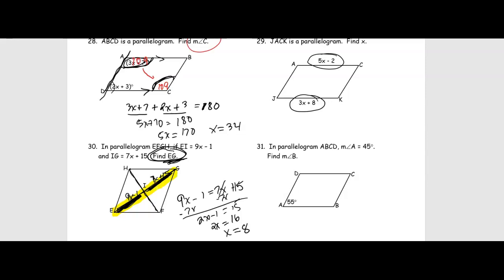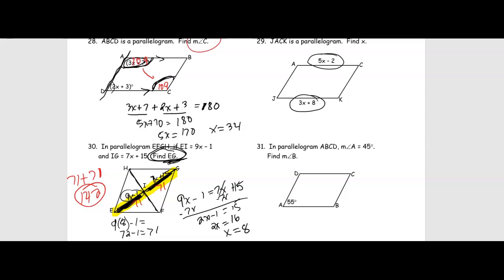So if we can find one of them, so let's do this one here. 9 times 8 minus 1 is 72 minus 1, which is 71. So if this is then 71, this must also be 71. Add those up to get the entire length, and we get 142.